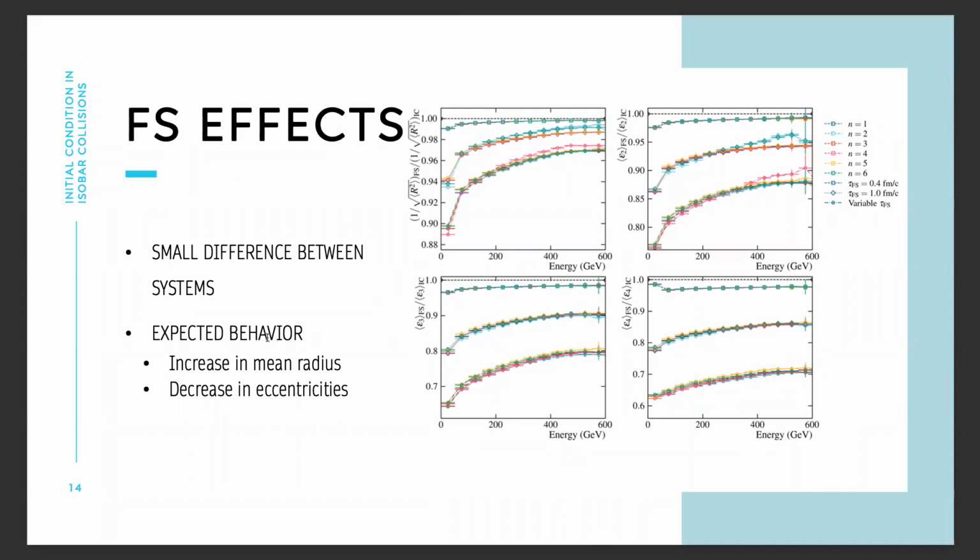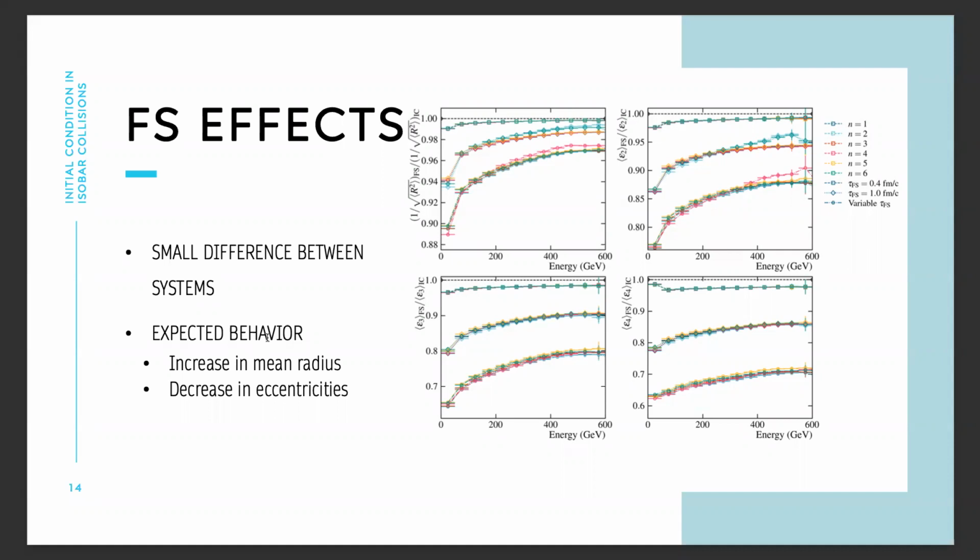Here I look at 4 elementary observables: the eccentricities of order 2, 3, 4, and the inverse of the mean square root of the radius. I compute these at free stream and at the initial condition and take the ratios of free stream over initial condition. And what we see is 3 groupings of lines, each one for a different free stream time.